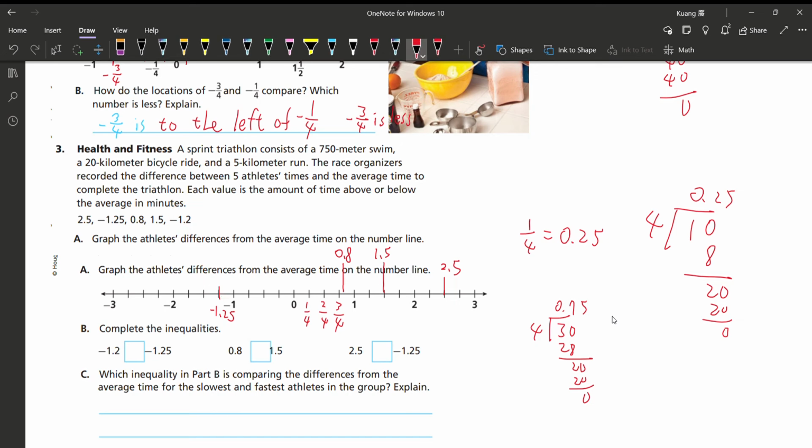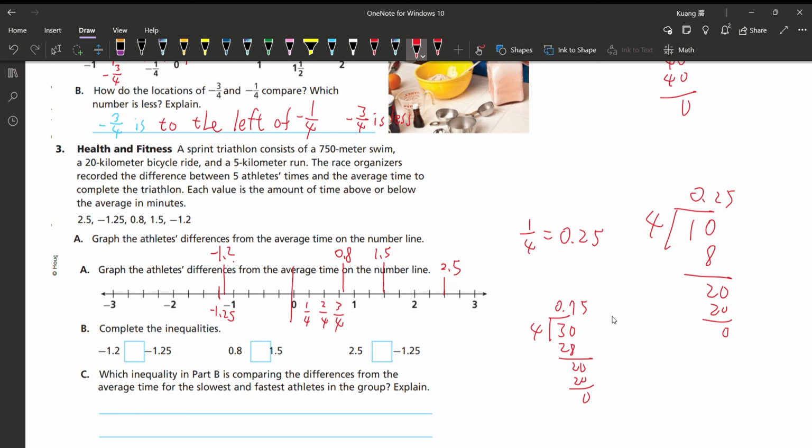So this is negative 1.2, because for the negative part, the left side has a greater magnitude or absolute value. Because negative 1.25 has a greater magnitude than negative 1.2, it should be on the left hand side of negative 1.2.